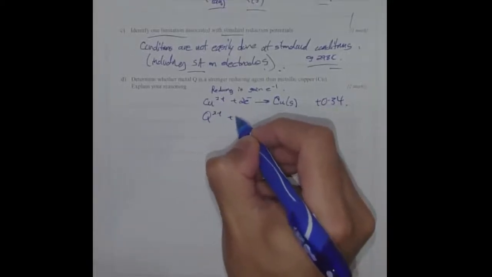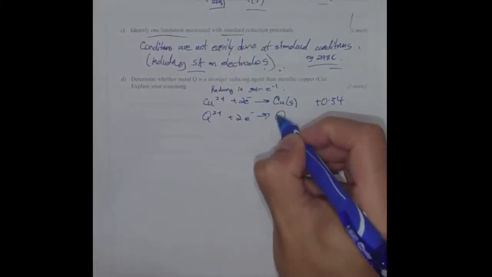And we had Q2+ plus 2 electrons going to Q, plus 0.19.